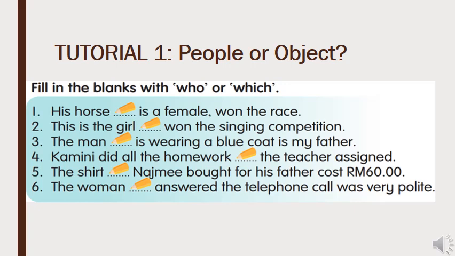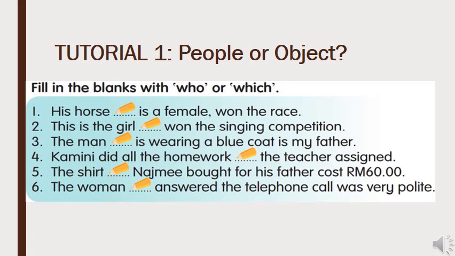Last one, number 6. The woman answered the telephone call was very polite. So, the subject here is the woman. And of course, you know, the woman refers to a person. So, the relative pronoun that should be used in the sentence is who.